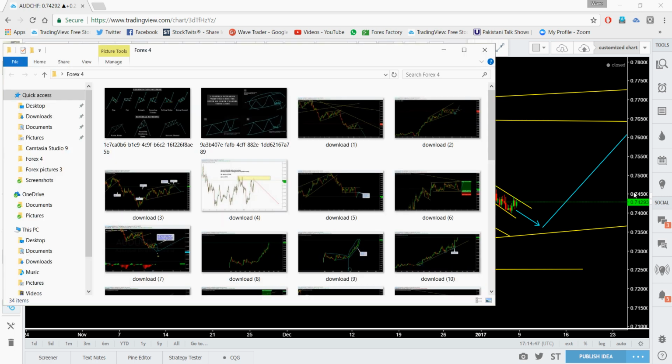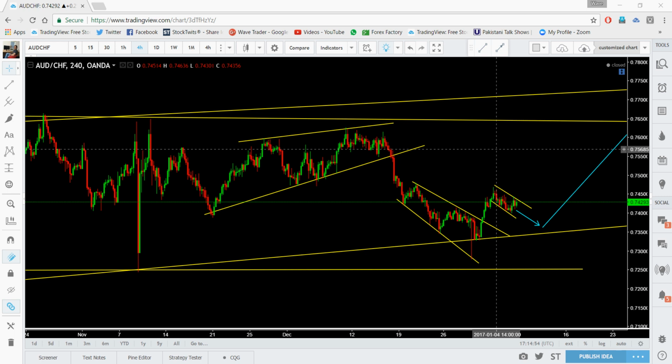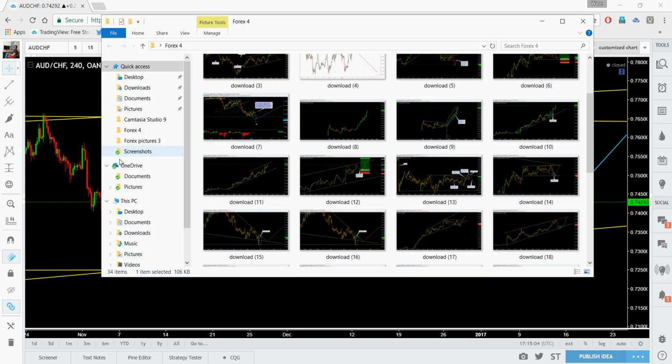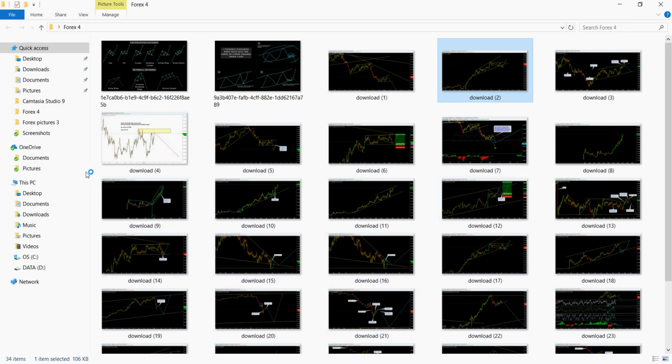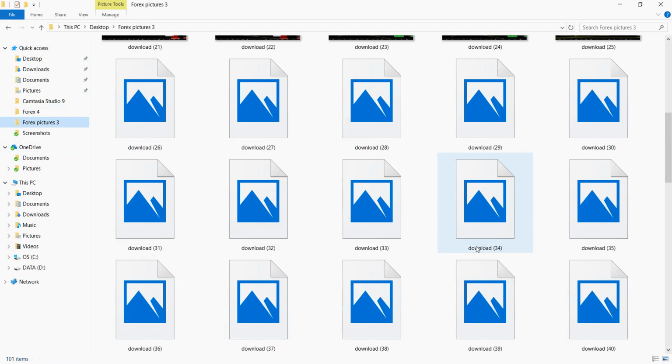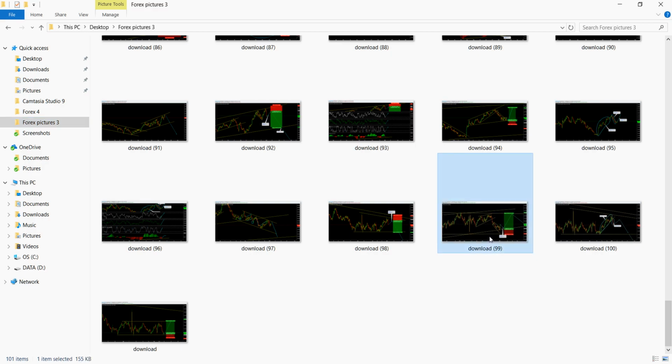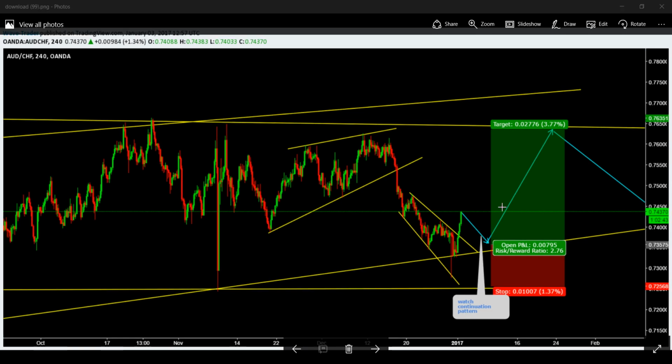Yeah, and the point I'm going to make here, let me tell you. All right, so this was the trade we were looking at on this pair. We were anticipating a continuation pattern here.